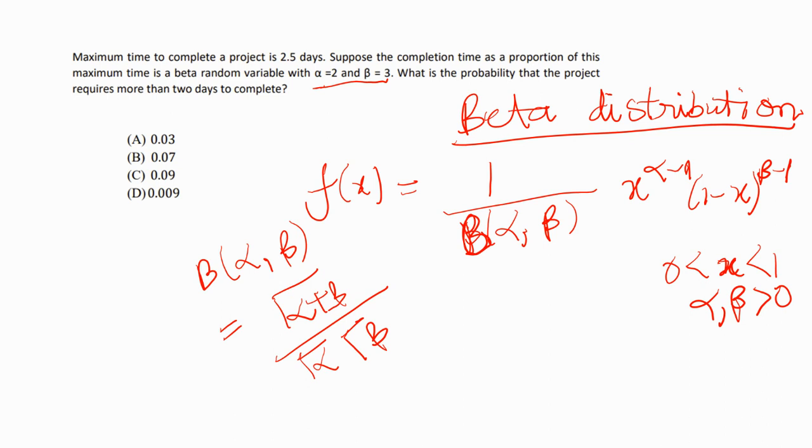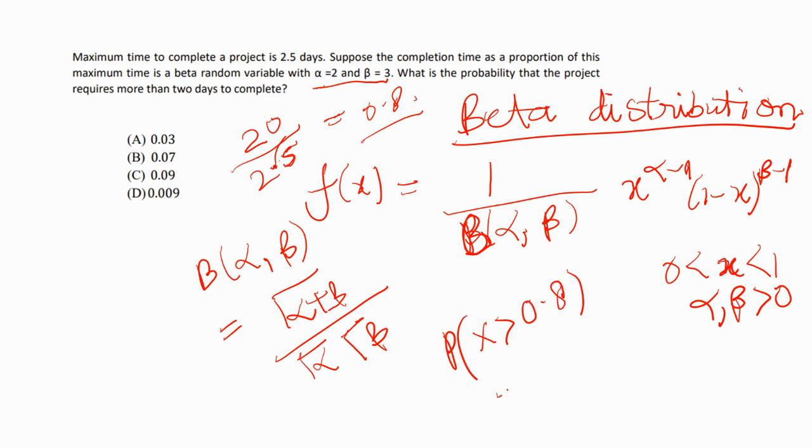So x greater than 2 divided by 2.5, so it will be 4 upon 5, which is 0.8. So we need the probability that x is greater than 0.8, using f(x).